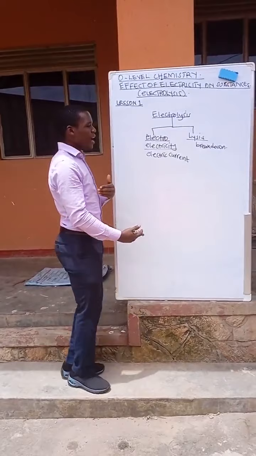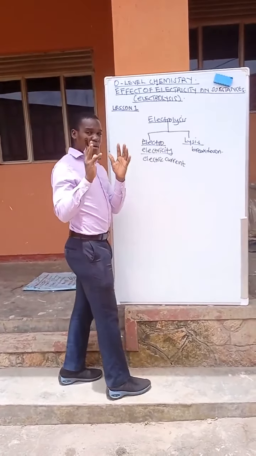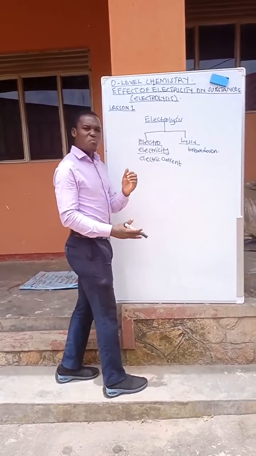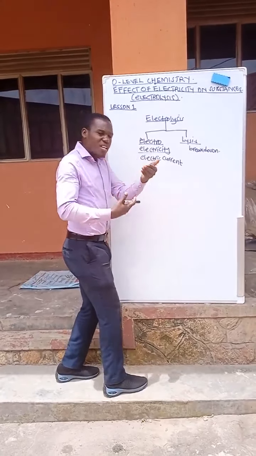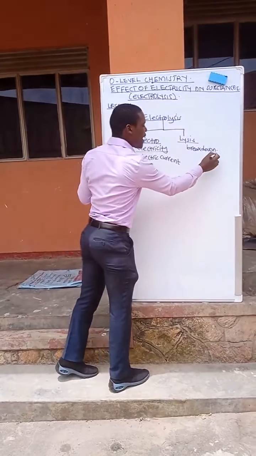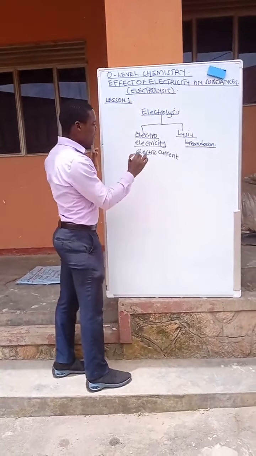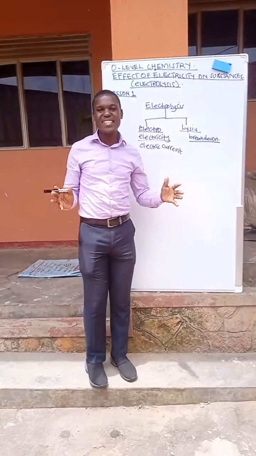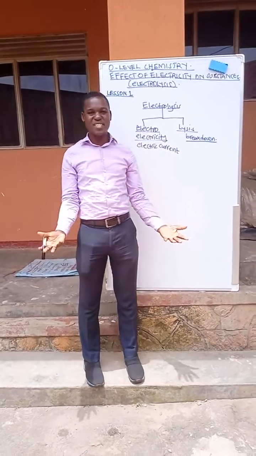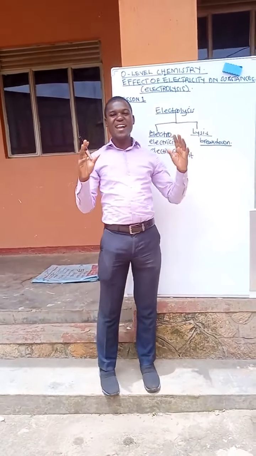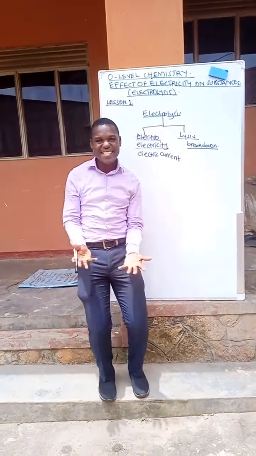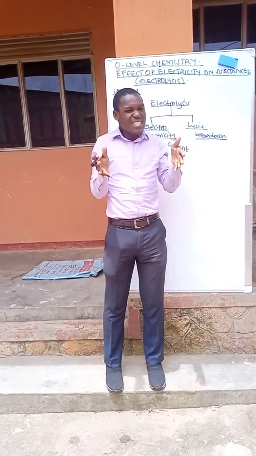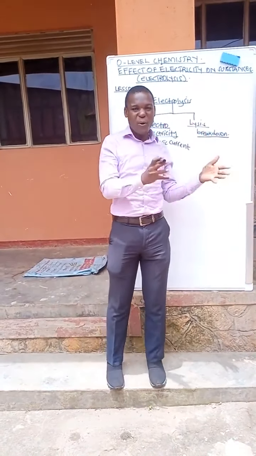We are going to be looking mostly at ionic compounds, and how these ionic compounds are broken down using electricity or electric current. In electrolysis, we look at the breakdown, the decomposition of basically ionic compounds.